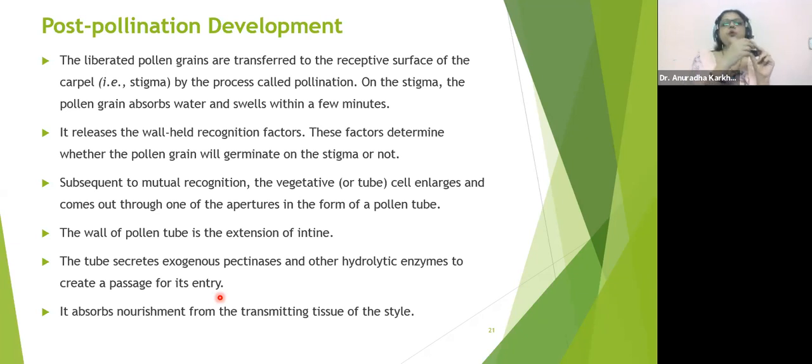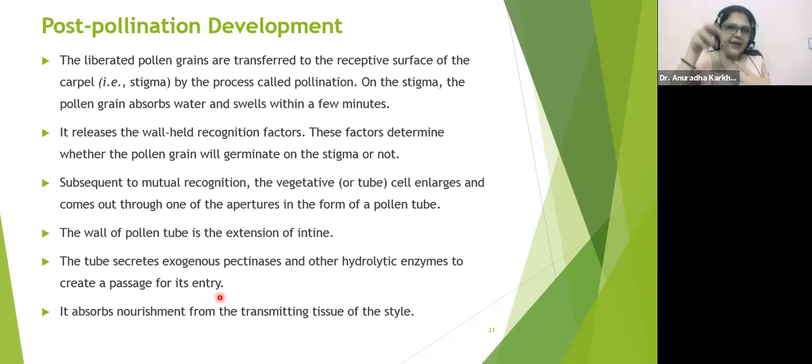Now this pollen tube had to cross the stigma and enter inside the style. But the style was having tissues which were not allowing the passage of this pollen tube. So the pollen tube started making an enzyme called pectinase exogenously, means outside the pollen tube, the pectinases were released.